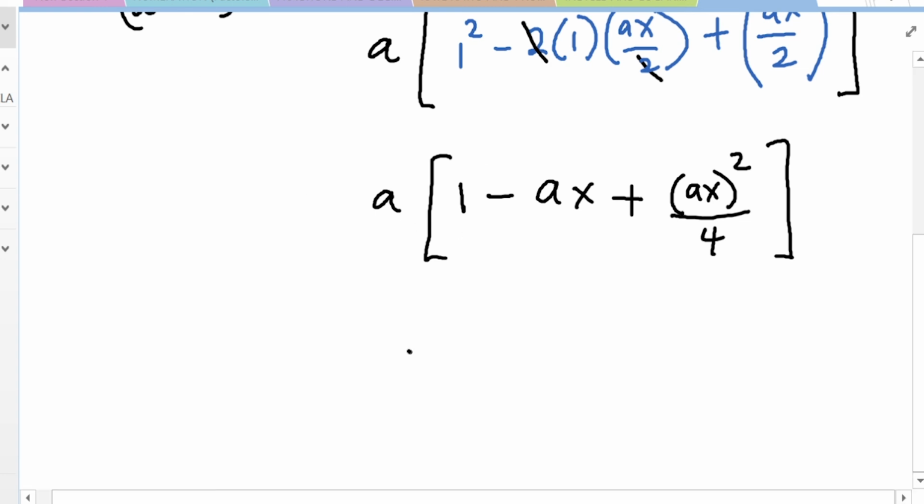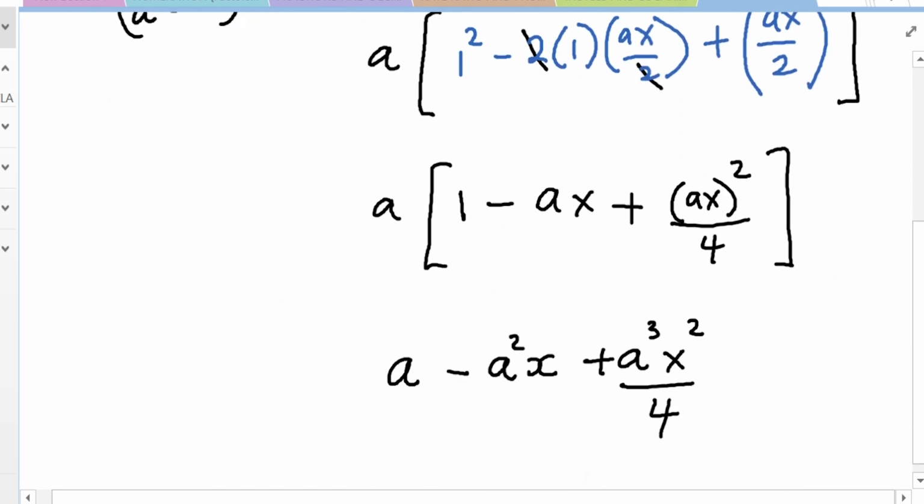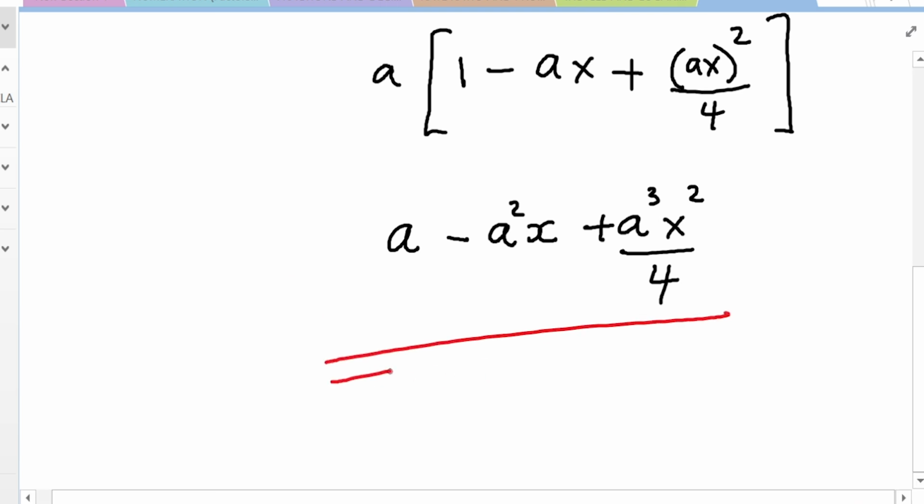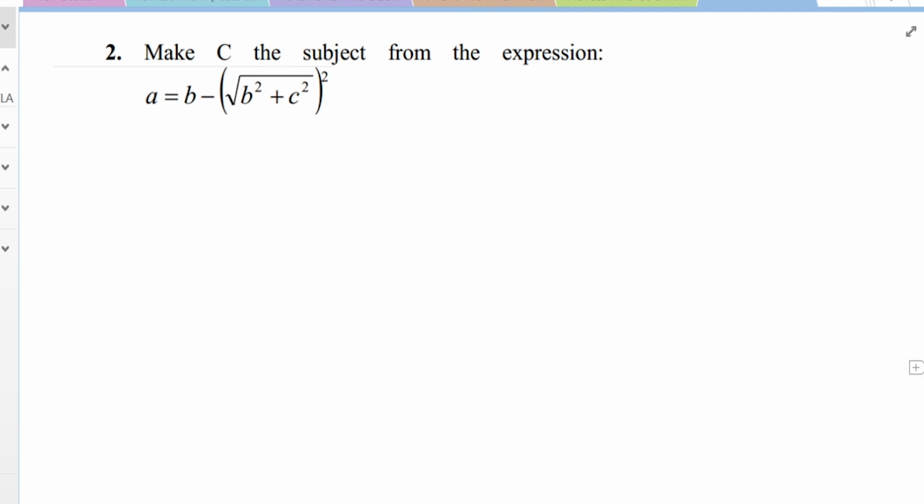When we open brackets, this becomes a minus a squared x plus a cubed x squared over 4. After expanding that expression, that is how far we can go. And that's the answer.